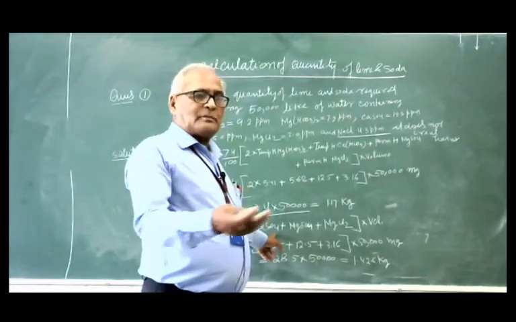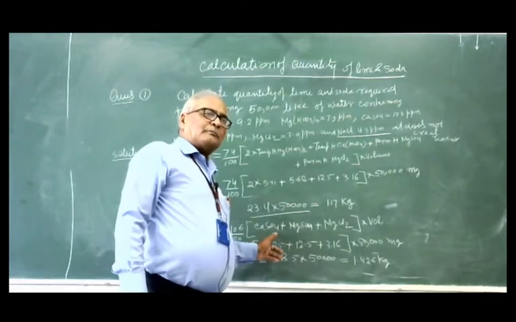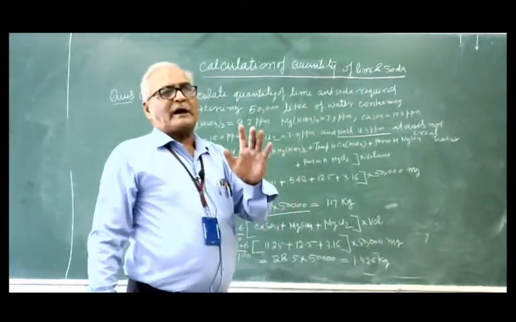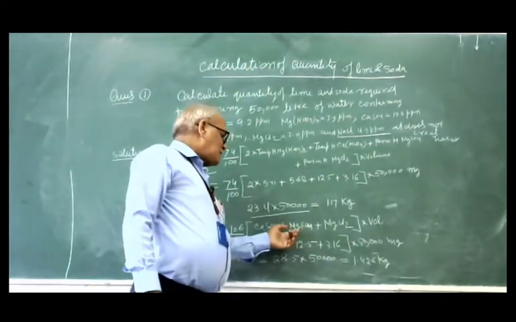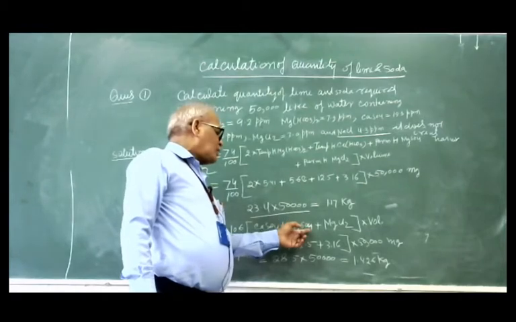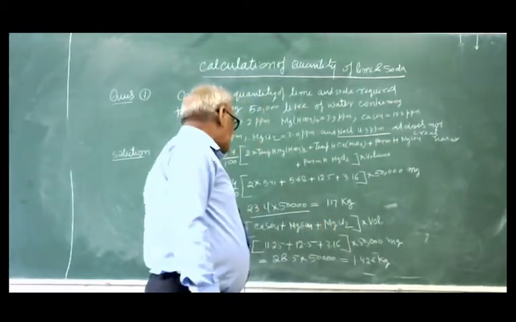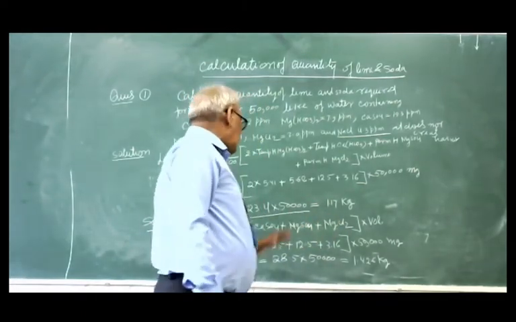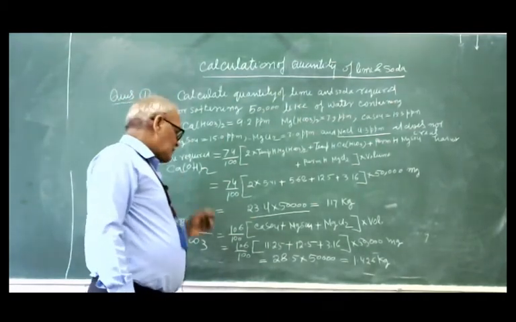So calcium carbonate can be removed, and in this way permanent hardness created by calcium sulfate can be removed by the soda. And exactly, magnesium sulfate also reacts with the soda, magnesium chloride reacts with the soda. So all these salts are considered for calculating the amount of the soda required.